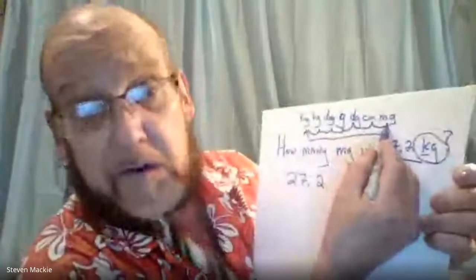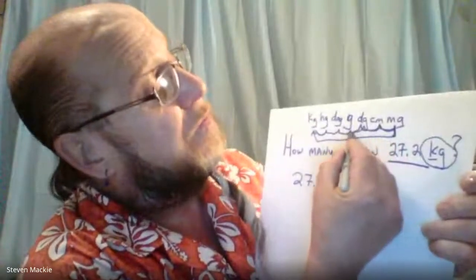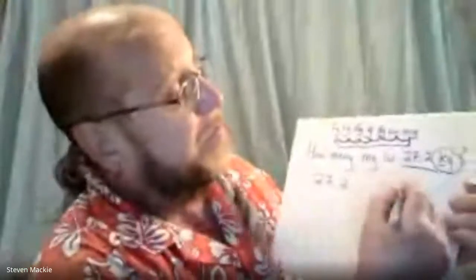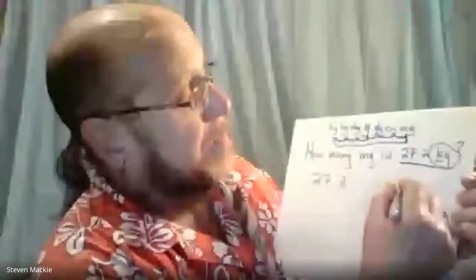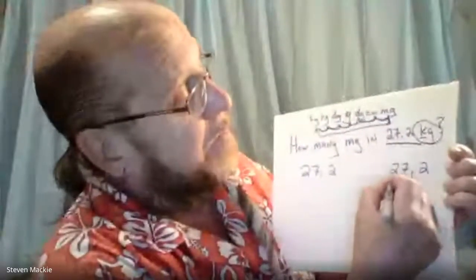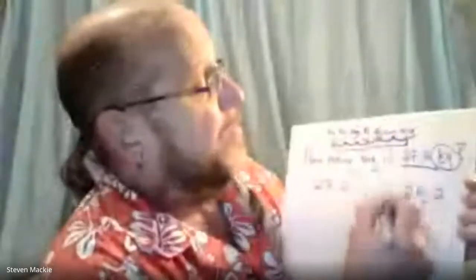I started here and I went 1, 2, 3, 4, 5, 6 spaces to the left. I should have written this better, over here. 27.2. Here's the decimal place. 1, 2, 3, 4, 5, 6.